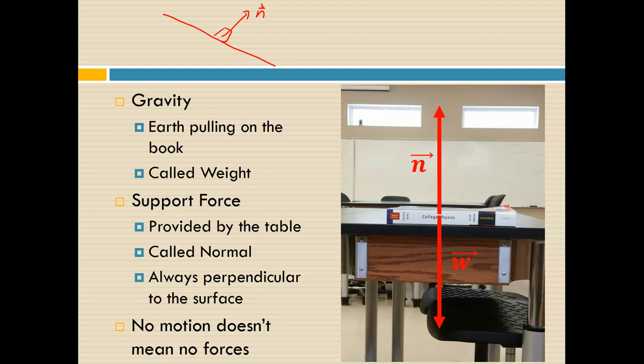We have forces. A net force of 0 does not mean you have no forces. A net force of 0 means all of your forces are canceling out. When you add up all of those force vectors, you get 0. Does that make sense? We'll talk more about that next week when we start doing net force diagrams.